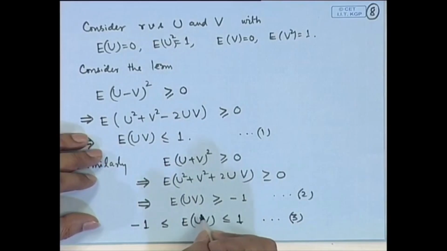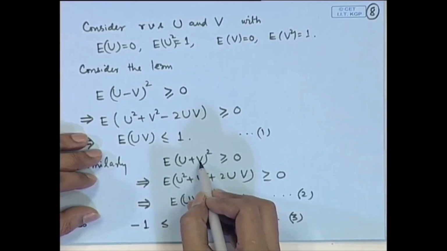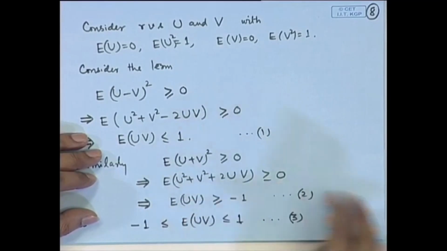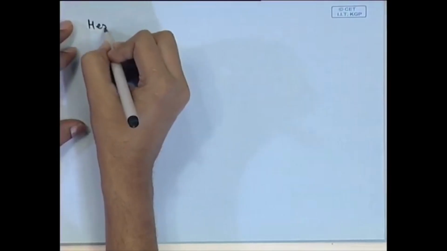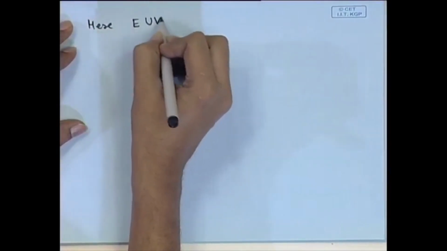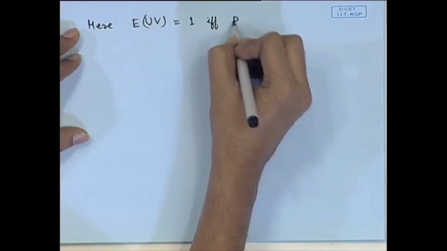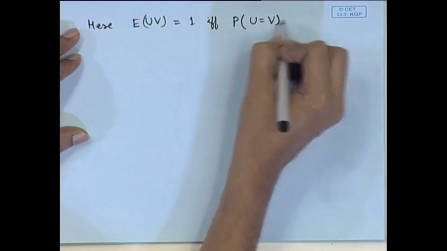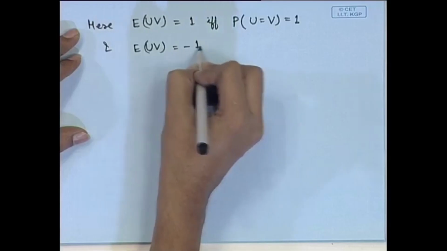In a similar way, the equality at minus 1 will be attained if U is equal to minus V with probability 1. Let us consider the expressions for this. Here expectation of UV is equal to 1 if and only if probability of U is equal to V is equal to 1, and expectation of U into V is equal to minus 1 if and only if probability of U equal to minus V is 1.